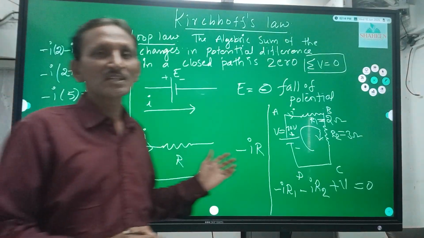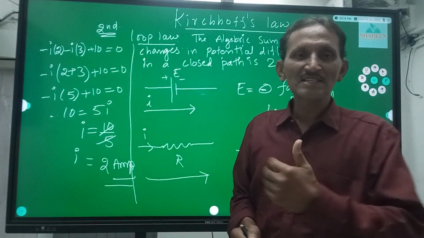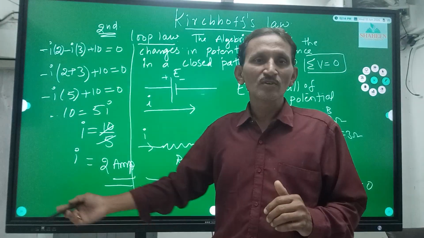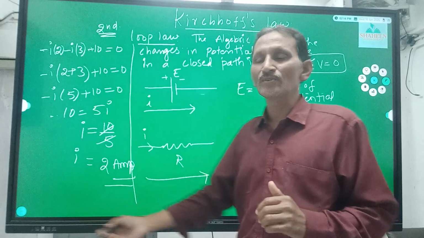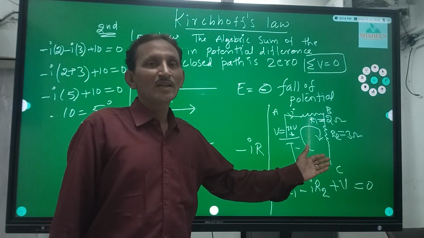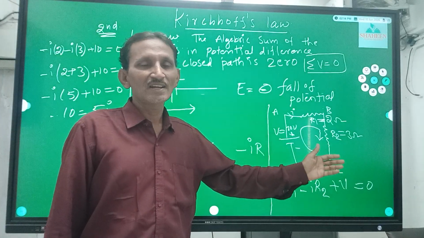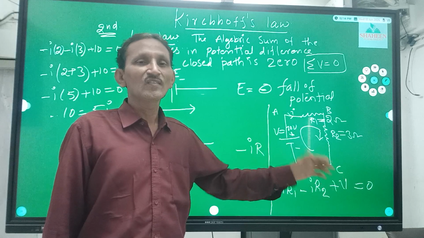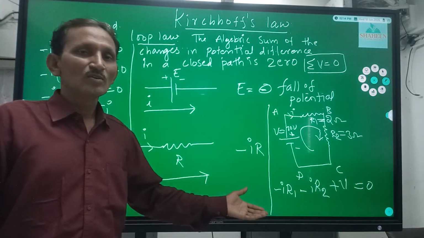So by using this Kirchhoff voltage law, the changes in the potential difference across the closed path can be calculated. So we got the current in the circuit. Current is calculated by knowing the direction of the path selected and the current direction. Okay children?